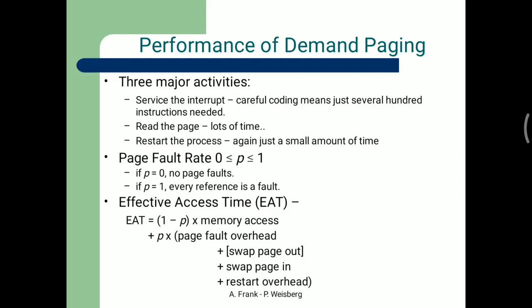If p is equal to 0, there will be no faults, and if p is equal to 1, every reference is a fault. Effective access time, EAT. The formula for EAT is (1 - p) x memory access time + p x page fault time, where p is the page fault rate, so we get the effective access time of demand paging.